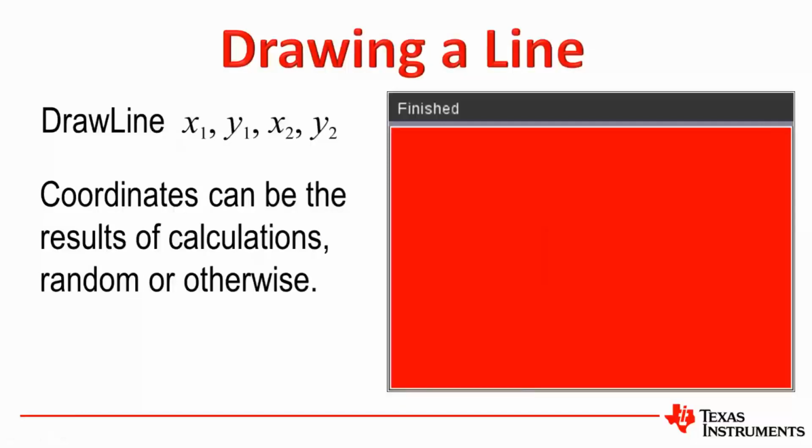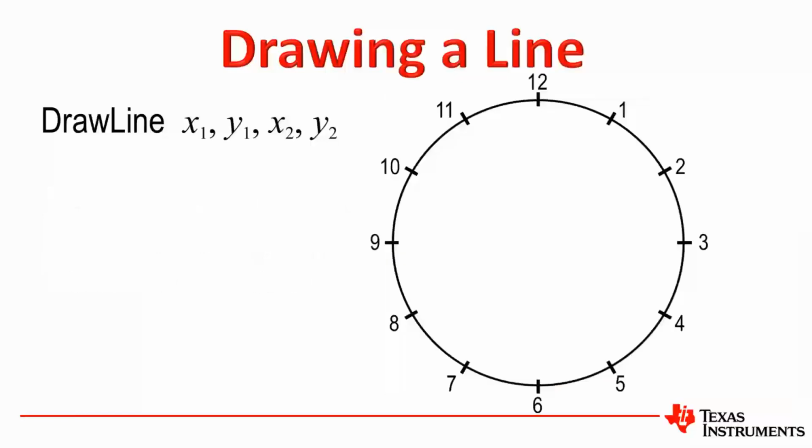The coordinates, of course, could be results of calculation, whether random or otherwise, attached to functions, whatever you like. But remember, we start with 0, 0 in the top left-hand corner. So if you think your drawings are upside down, back to front, or whatever else, then that's why. You can, however, change the window settings, so you can change how the canvas is sitting on the screen.